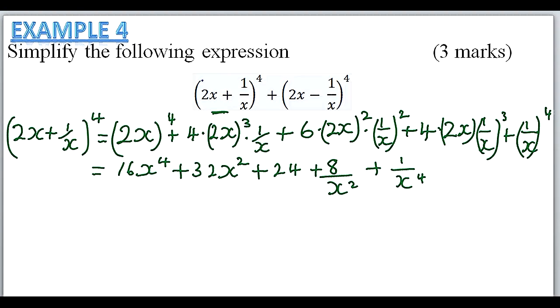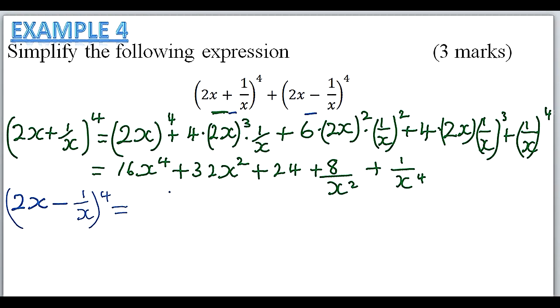We come to the second one. The difference between the first one and the second one is a minus sign. So expansion of the other one will be (2x minus 1 over x) into bracket to power 4.